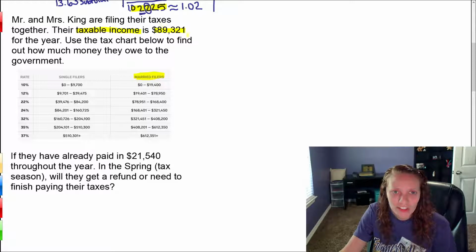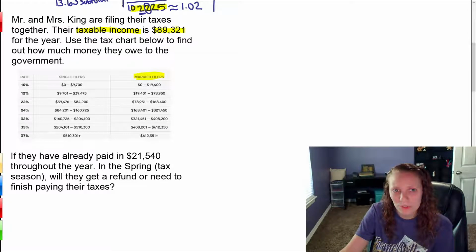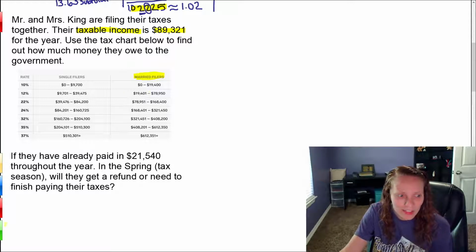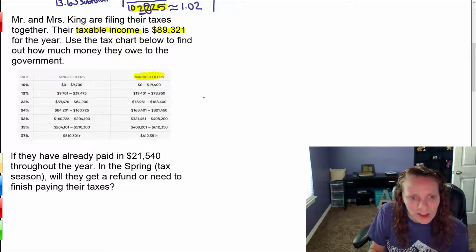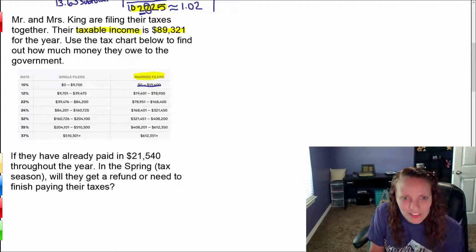And then we're going to try to figure out where $89,321 goes. Now I'm noticing this goes from $0 to $19,400. They definitely make more than that. And these numbers here that are listed, they're ranges. So we're going to try to figure out what 2 numbers $89,321 goes in between. So it can't be the first one. The next one is showing 19,000 and 78,000.